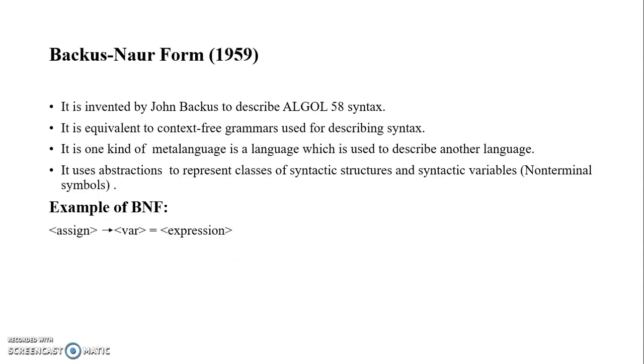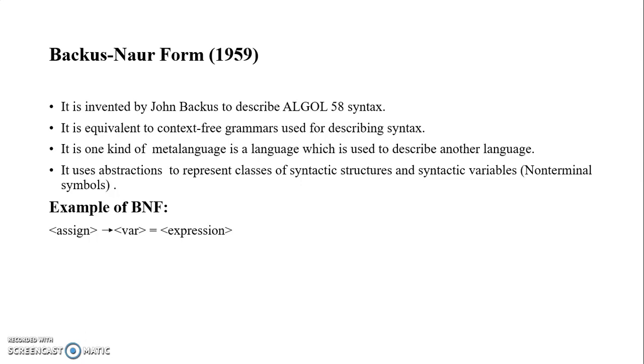Now, first is Backus-Naur form. It was invented by John Backus to describe ALGOL 58 syntax in 1959, and it is equivalent to context-free grammar used for describing syntax. It is one kind of metalanguage, which is a language used to describe another language.